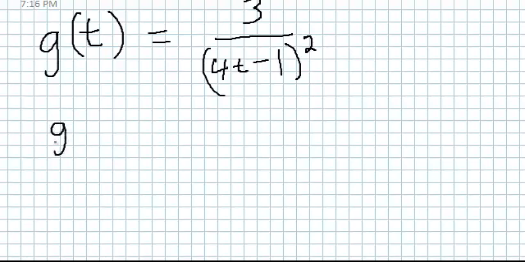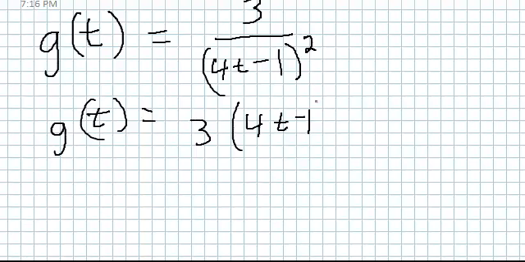So we'll say g of t is equal to 3 times (4t minus 1) to the negative 2. All right, so our inside function, we can still call it u. That's okay. u is going to equal that 4t minus 1. Nice, simple function.